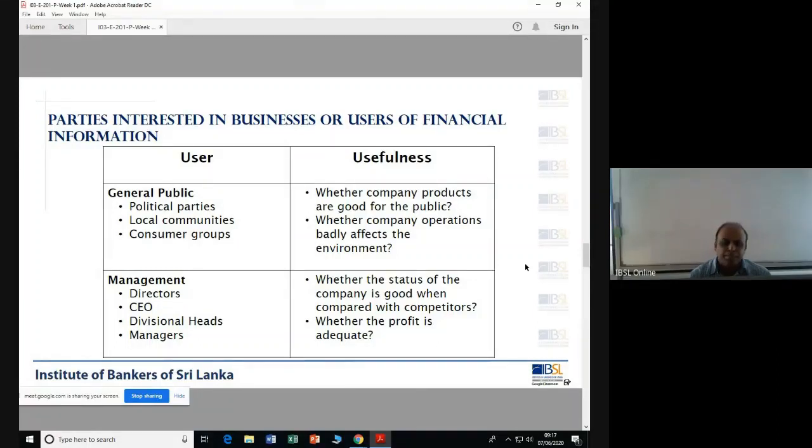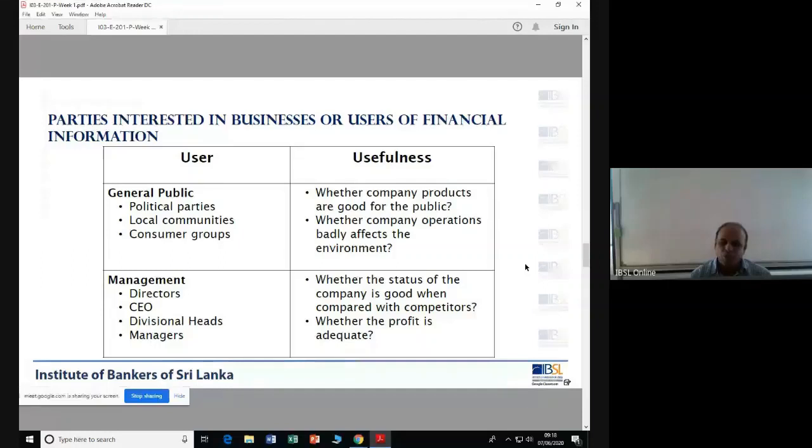The principal being the shareholders, the agent being the board of directors. What does it mean? The principal wants this business to be run in the appropriate manner to make better returns. So they appoint the agents, who are called the board of directors, to work on their behalf. The agents have a responsibility, being the people appointed by the shareholders, to run this business in the right manner and give them a better return.